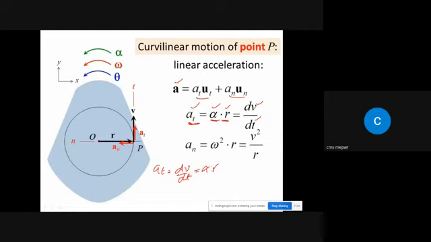And the normal component is given by this equation, and we already know that it is equal to v square by r. So this can also be derived from here. Instead of omega, if you put its value from v is equal to omega r, omega becomes v by r, so putting v square by r square into r, the r will cancel out, and what you will get is v square by r in this equation.